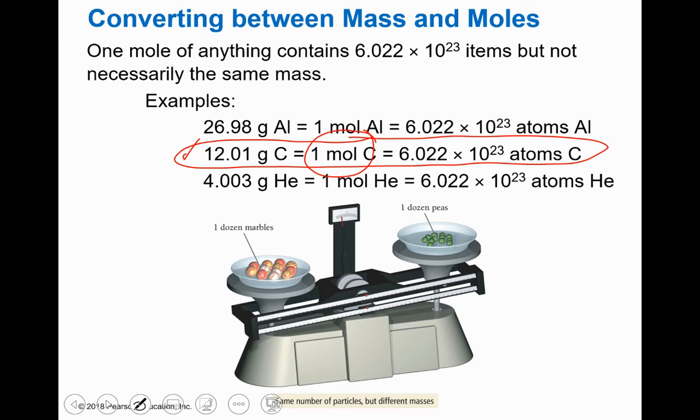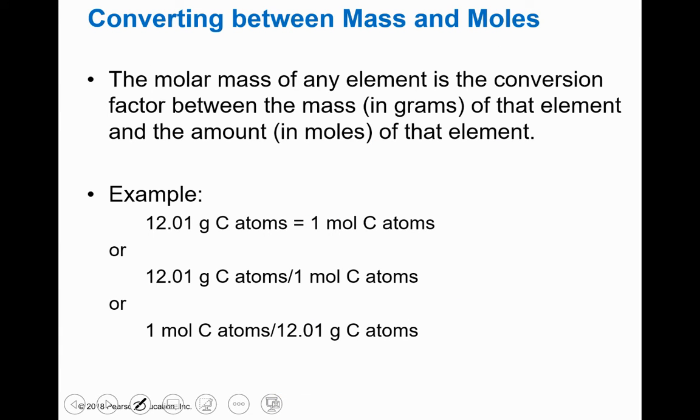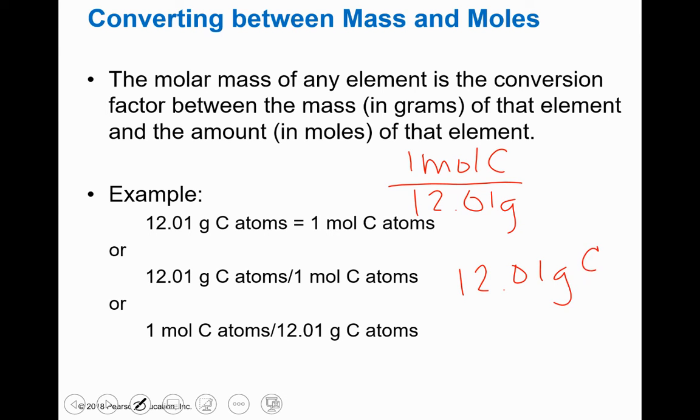Hence, moles is our central unit. Okay, so just like Avogadro's number, we can set up as a ratio. We can also do the same with molar mass. So we could have 1 mole of carbon is 12.01 grams, or there's 12.01 grams of carbon for every 1 mole of carbon. Okay.